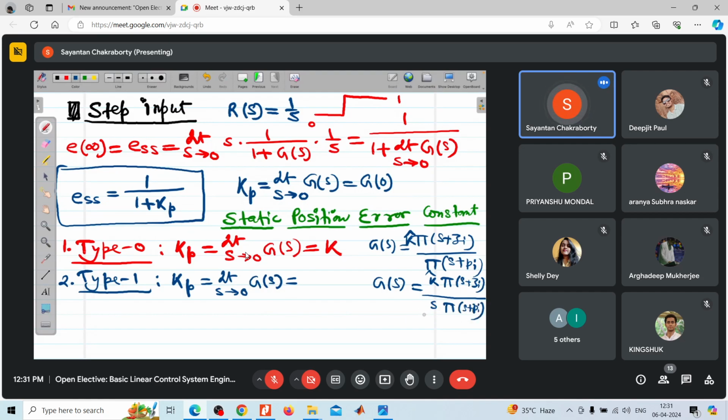So due to this s, what will happen? This will tend to infinity. And this is true for type 2. So this is true for any n greater than or equal to 1.